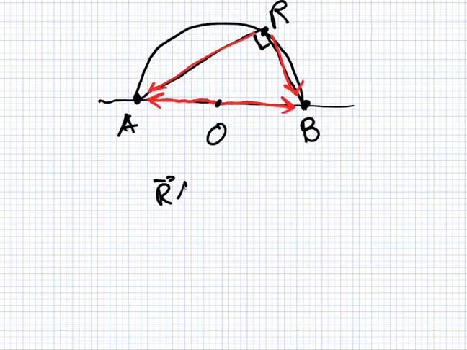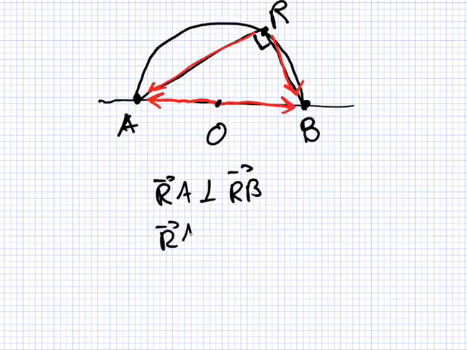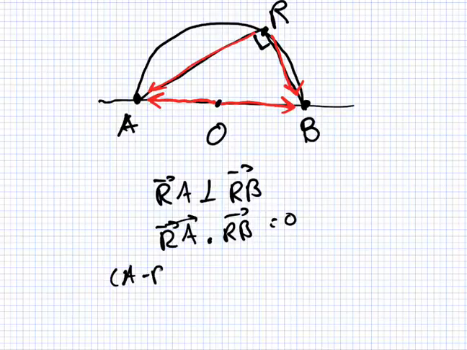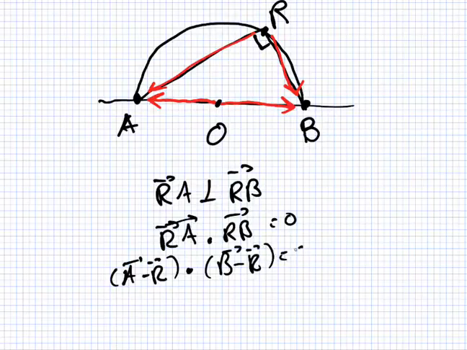Everybody else? Okay. So we want to prove that RA is perpendicular to RB. Is it the same as AR? Yeah. So that means we want to show that RA dot RB is equal to 0. So that means we want to show that A minus R dot B minus R equals 0.